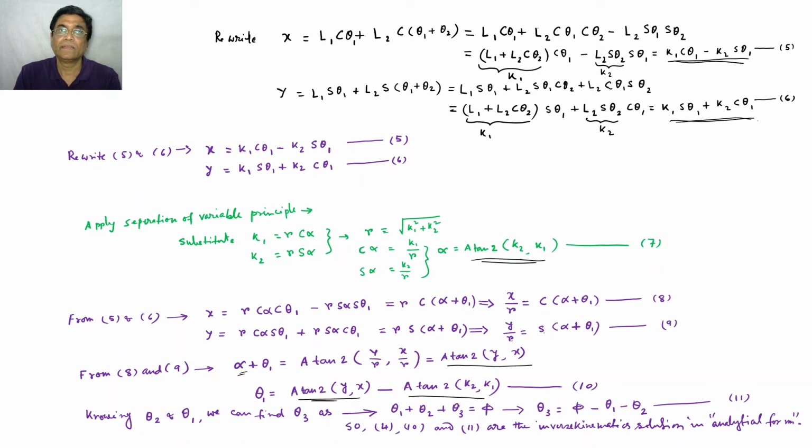The right hand side, which is a function of theta 1, theta 2, theta 3, has to be calculated. Incidentally, this is called an analytical solution, because everything is very precise and there is no numerical iteration here. This kind of solution we normally prefer in robotics.